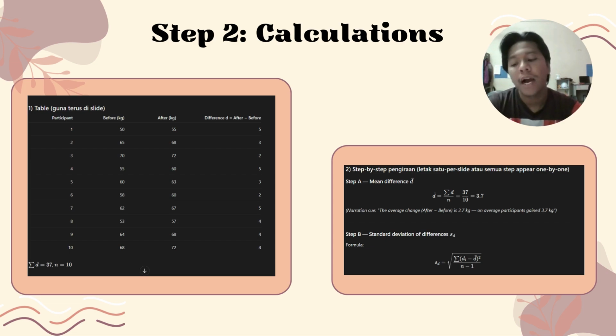So how are we going to get the standard deviation of difference? The standard deviation of difference, SD, equals the square root of the sum of di minus mean d, squared, over n minus 1.